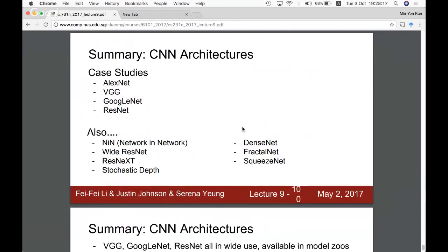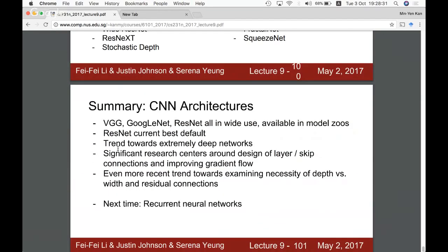So in summary, we looked at some famous models like AlexNet, VGG, GoogleNet, and ResNet, and we also saw other networks. VGG, GoogleNet, and ResNets are all widely used, and these are all available in Model Zoo. Currently, ResNet gives the best result. And then we saw a trend which moves towards extremely deep networks.